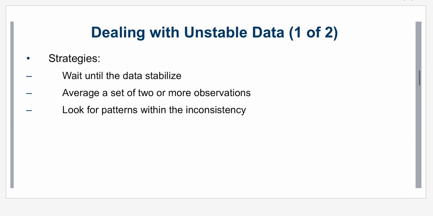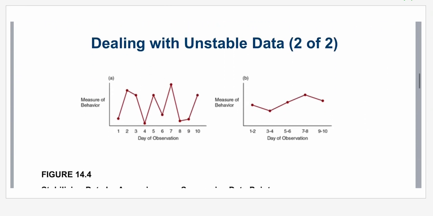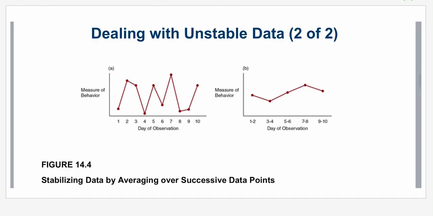Another strategy for dealing with unstable data is to look for patterns within the craziness, within the inconsistency, right? And so going back to graph A here, this craziness here, to a certain extent, you can see it goes up, down, up, down, up, down, up, down.